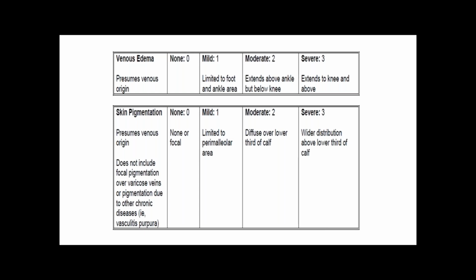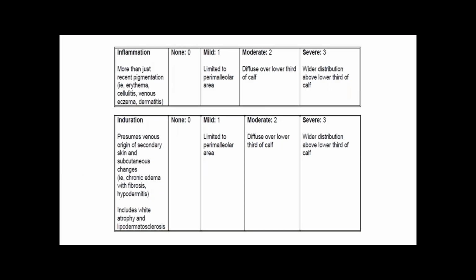Limited to the perimalleolar area is mild, whereas diffuse up to the lower third of the calf is moderate, and above the lower third of the calf is severe. The same grading is applied for inflammation and induration also.